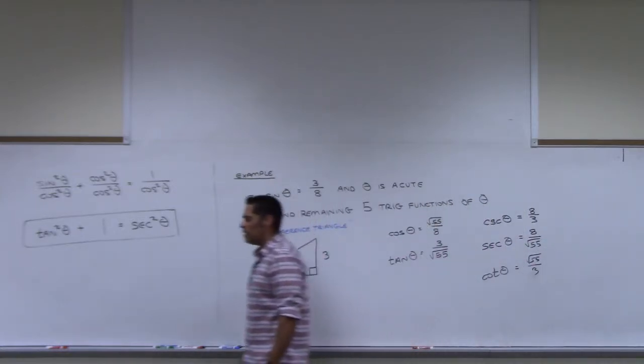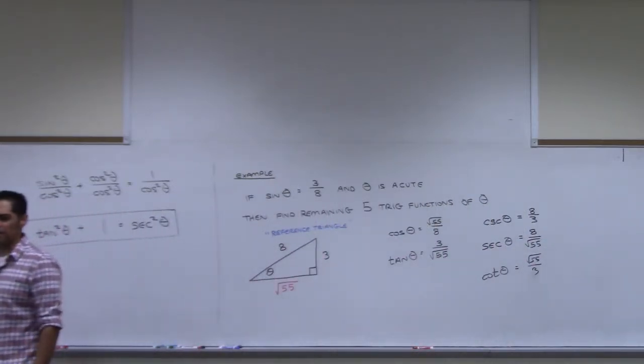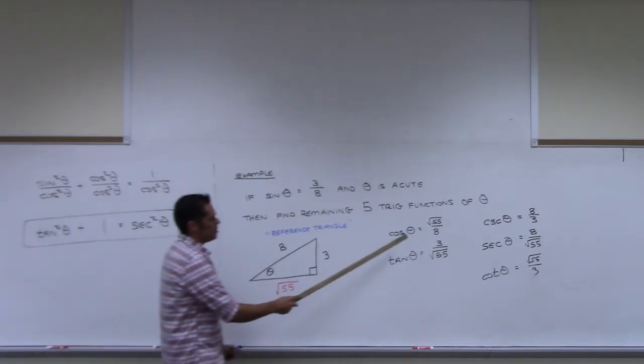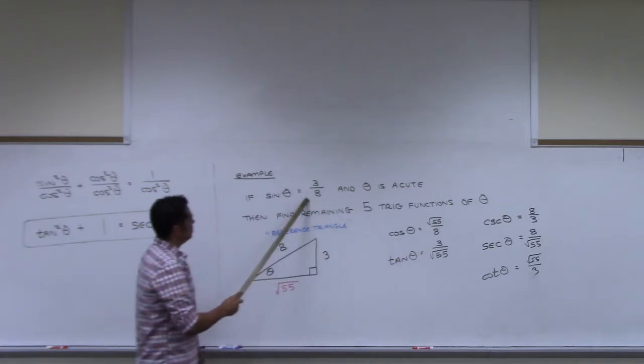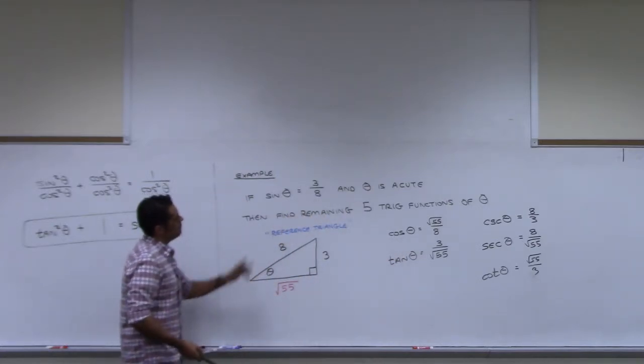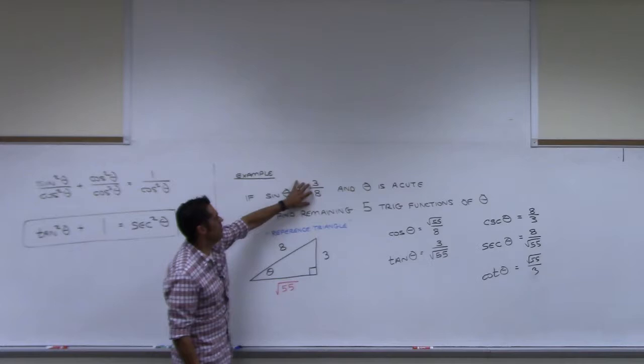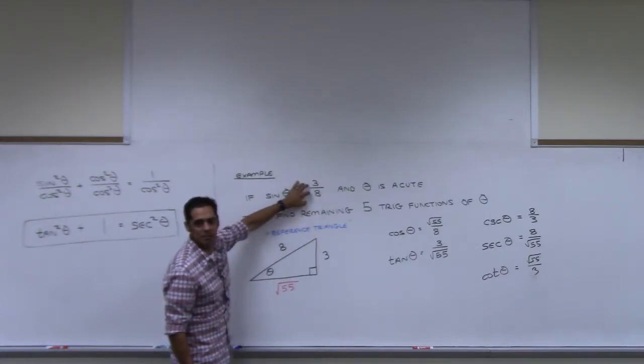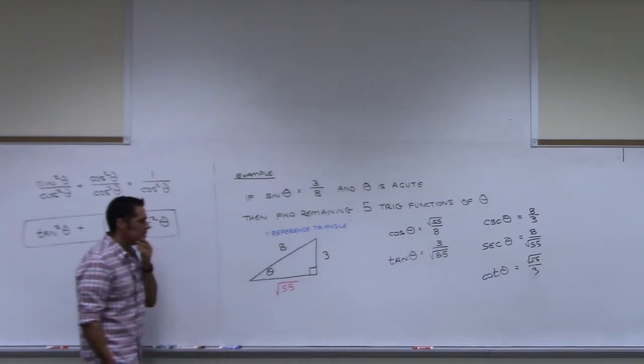I'm curious if anyone has noticed anything about sine and cosine, like the actual numbers. When you do sine and cosine, this number right here can never be bigger than what? Think about this.